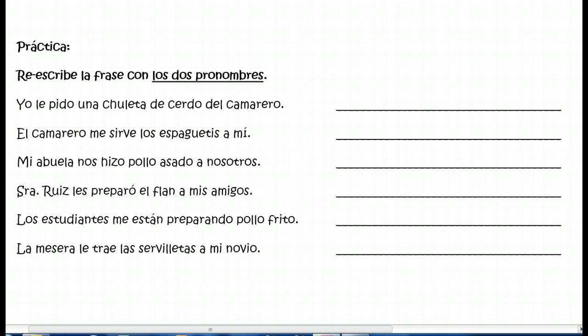So what I want you to do is do the practice on the bottom here. We'll do number 1 together. Make sure you take your time. I would suggest that you circle or underline the DOP and then circle or underline the IOP so that it helps. So we have le and del camarero, that's our IOP. Una chuleta de cerdo is our DOP.